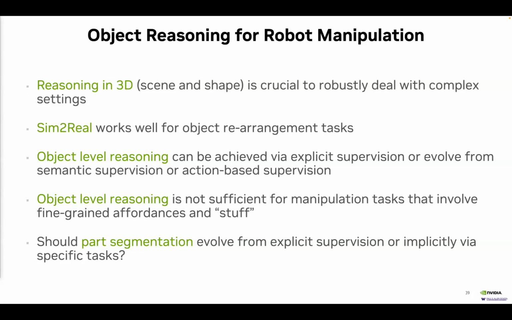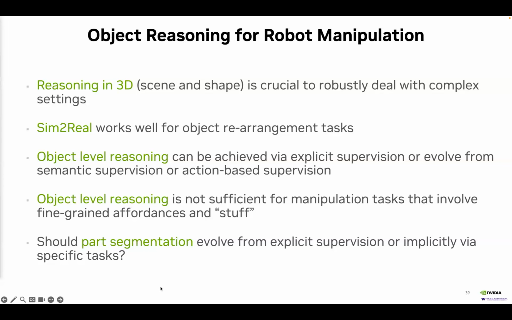And of course, there are many tasks where what I showed you so far is not going to be enough, right? If you want more fine-grained affordances or to reason about more complex things, things that are highly deformable, liquids, granular media, and all of that, then we'll have to think about what the appropriate representation is even for these kinds of scenes, especially with respect to how you want to achieve certain manipulation tasks.